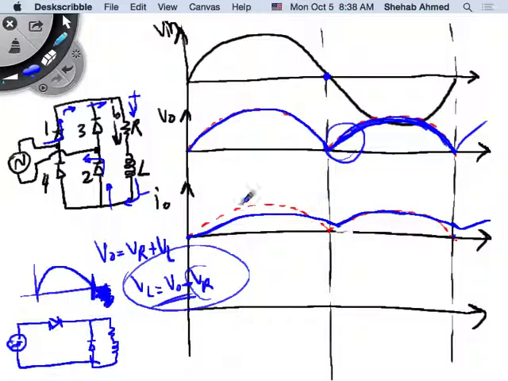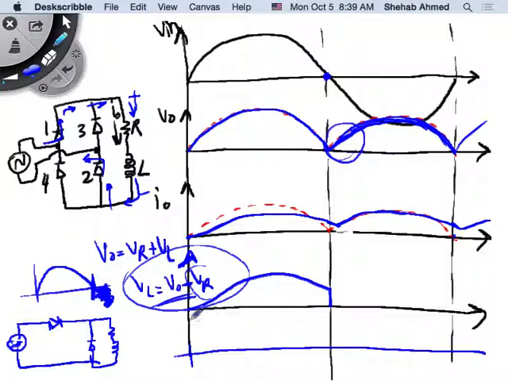Now, how about the current flowing through diodes 1 and 2? It would be this current here, right? I'm drawing the current flowing through diodes 1 and 2. It would look like this, and it would stop here. This is ID1 or ID2, right?